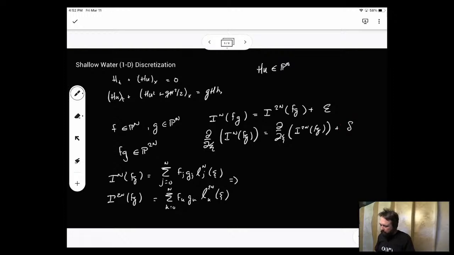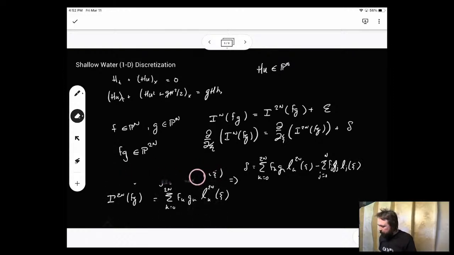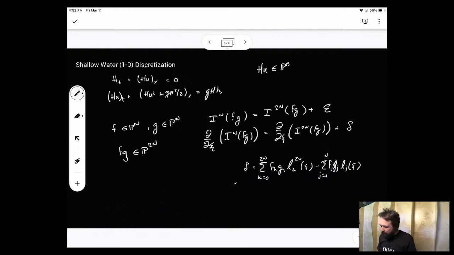So the error in that interpolation that I've made is just going to be, oops, that's a 2n up there, the sum k equals 0 to 2n, f_k g_k l_k^{2n}(ξ) minus the sum j equals 0 to n, f_j g_j l_j^n(ξ). Sorry, that's going to be epsilon there, as I haven't taken the derivative yet, my bad. Okay, so if I take the derivative of this, I get the delta that I'm looking for.